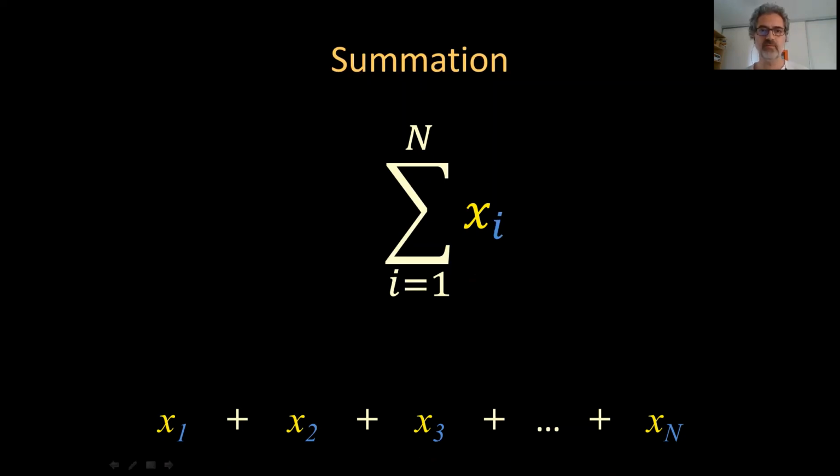So in the case where n equals 5, I would go from 1 to 5, and so the sum of xi for I equals 1 to 5 is x1 plus x2 plus x3 plus x4 plus x5. Instead of writing all of this, we write this. So we save some space.